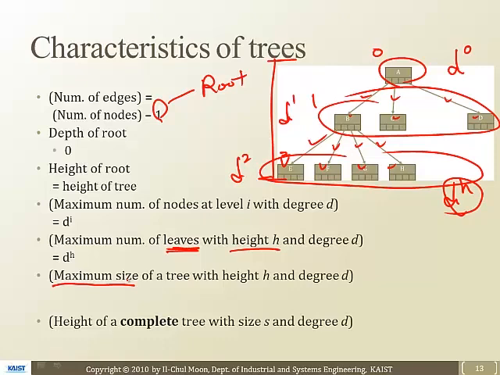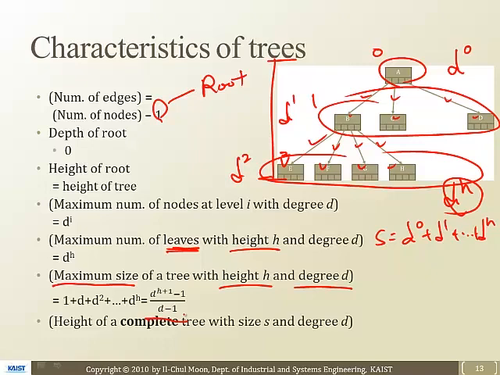The maximum size of this tree structure with height H and degree D is what? Size is equal to D^0 plus D^1 plus up to D^H. And because you are a smart student, you can do high school math, and it's going to be like this, right? So it's very easy. It's high school math.